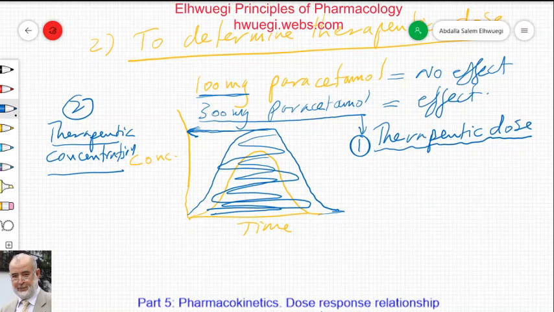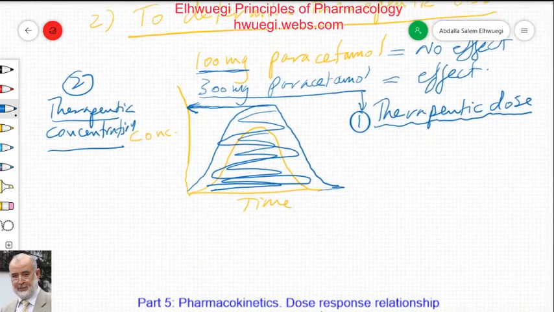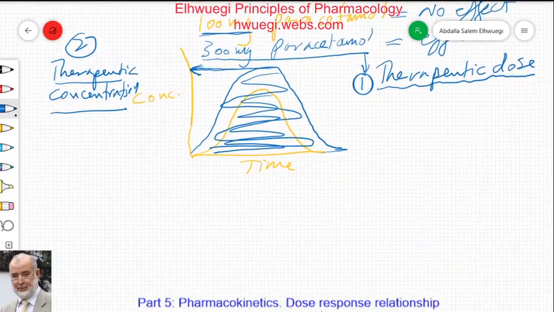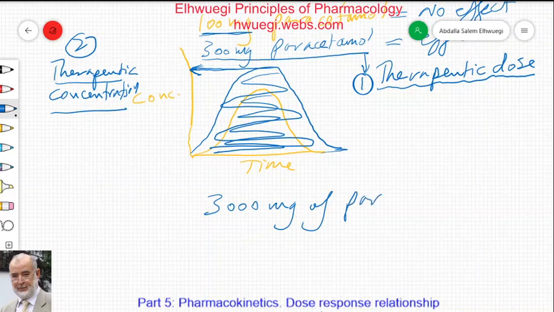Then, this is the second application of the area under the curve. Let us imagine that instead of 300 milligram paracetamol, I increase the dose to 3000 milligram of paracetamol. Just imagine. Of course, it will produce very high area under the curve.